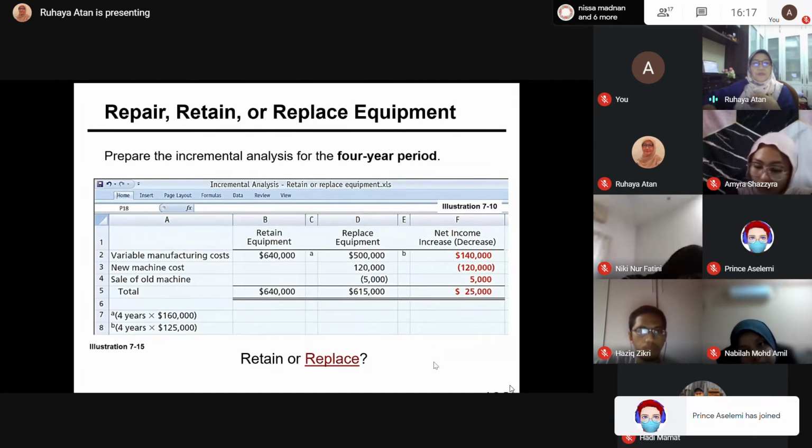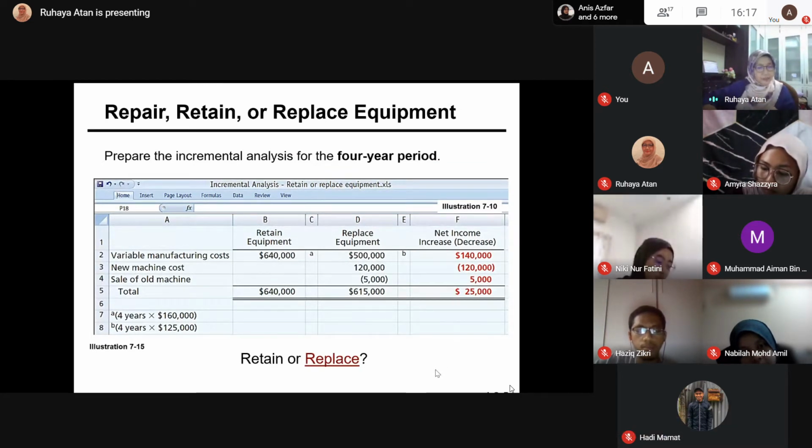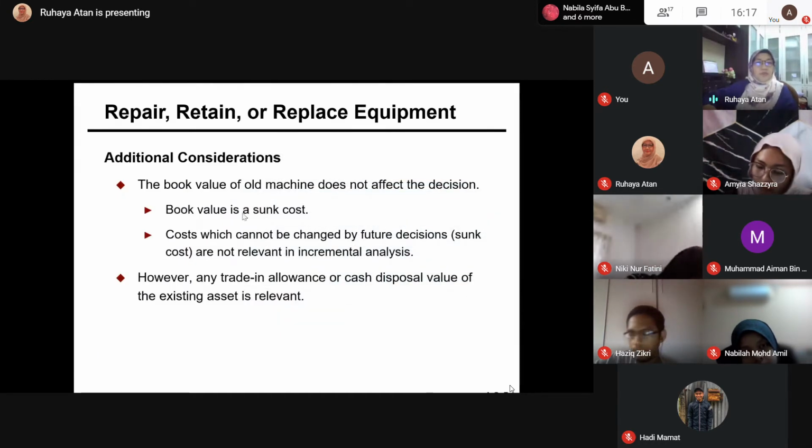So what's going to be your answer? The answer is better to replace the machine. So remember, the book value of the old machine does not affect the decision. The book value is a sunk cost because you have used the machine for a few years.